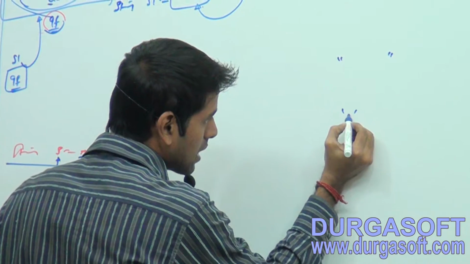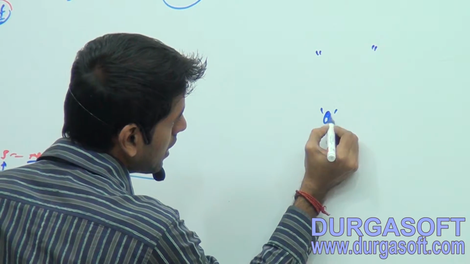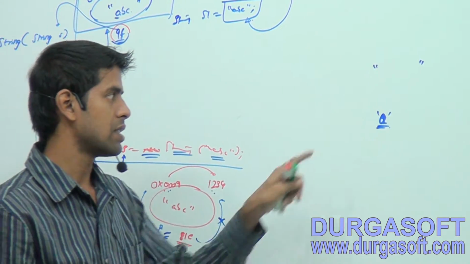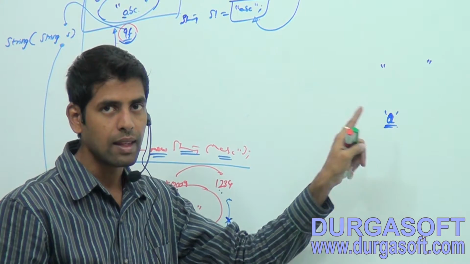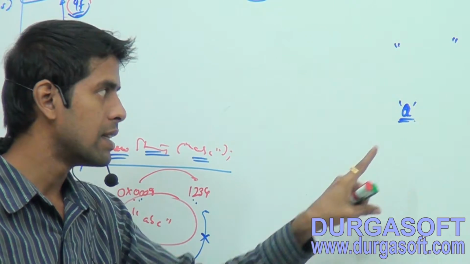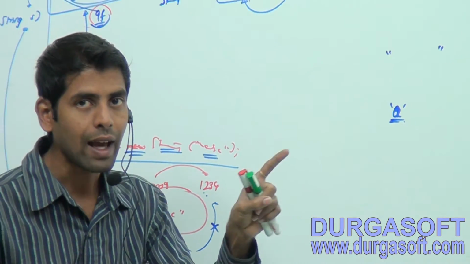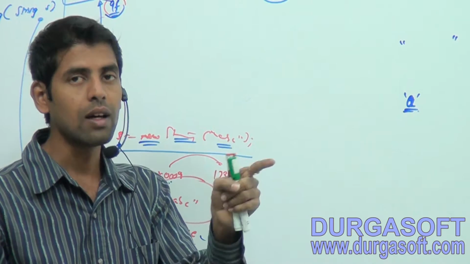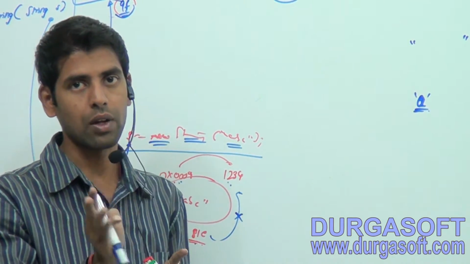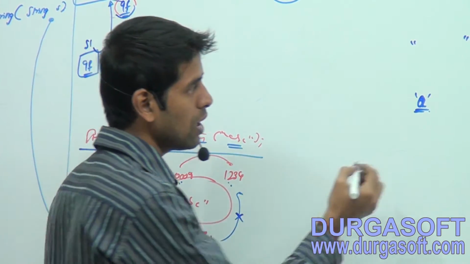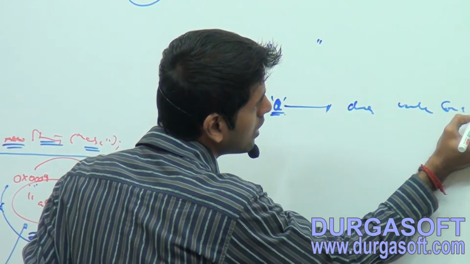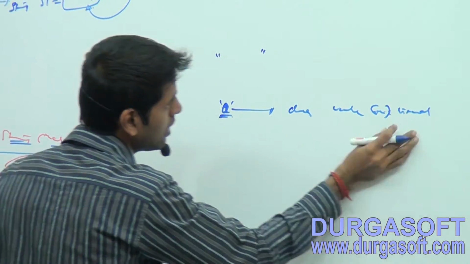If I place any single character within single quotation, then the JVM and compiler will treat this as a char value or character literal, both are the same. So the compiler and JVM will treat this as what? A char value or literal.